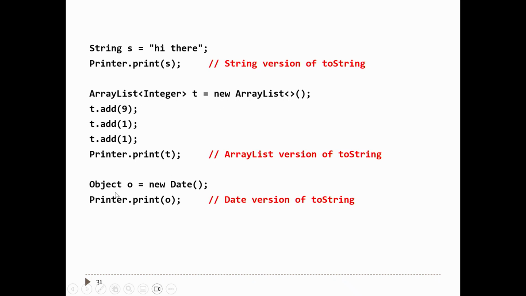Notice in the third example, the declared type of O is BigOObject, but the actual type of O is a Date. So even though I'm passing a BigOObject to print, when the toString method is actually called, it's the Date version of toString that gets called.